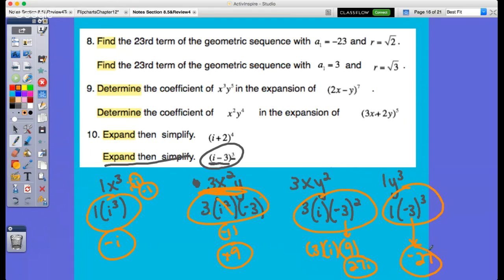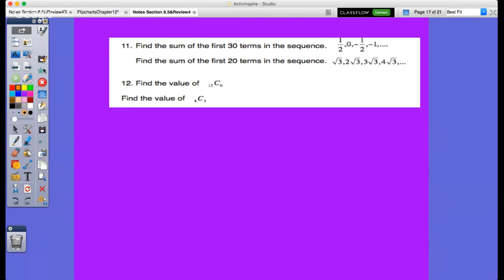And so -27 plus 9 is -18. And 27i minus i is +26i. Traditionally, the i follows the second part to be complex. We have our real number plus our imaginary number, and there we go.